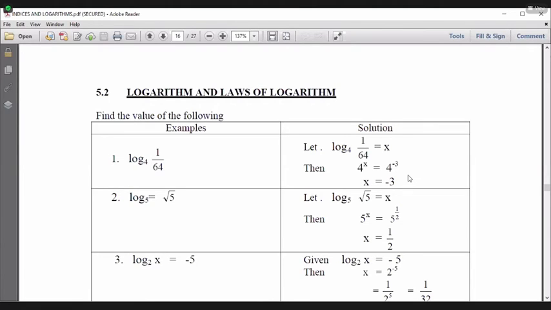Now, I want you to take note that the same approach, the same sum can be done this way. You see where it is marked log base 4 of 1 over 64?